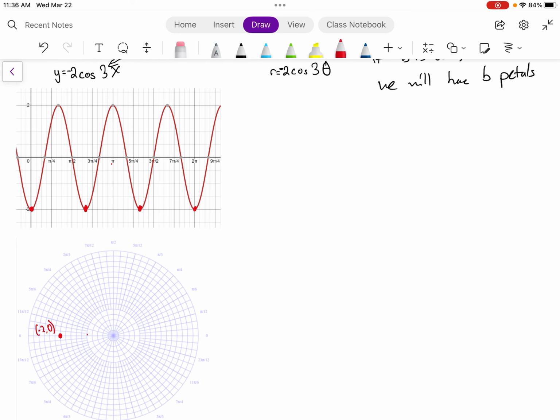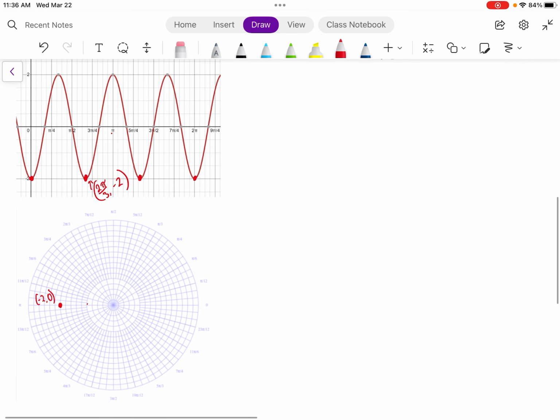So this point right here, in terms of x and y, is 2 pi over 3 comma negative 2. So when theta is 2 pi over 3, that's up here, I also need to go negative 2 in the r direction. So that's down over here, maybe.